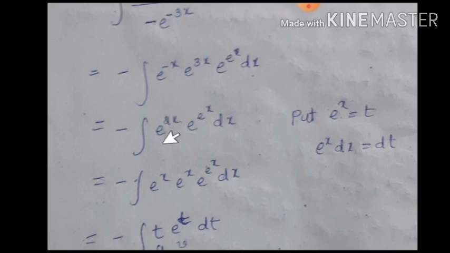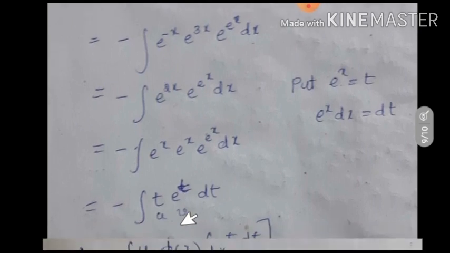So e to the power of 2x you split as e to the power of x into e to the power of x, and e to the power of x dx you write as dt. Substitute e to the power of x dx as dt, and the remaining e to the power of x as t. Again there is a product of two functions, so to integrate it we apply integration by parts.